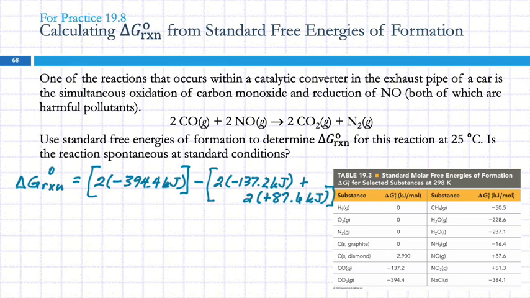They do that just to call attention to it, I think. 2 times negative 394.4 minus, parentheses, 2 times negative 137.2 plus 2 times 87.6, close the parentheses.